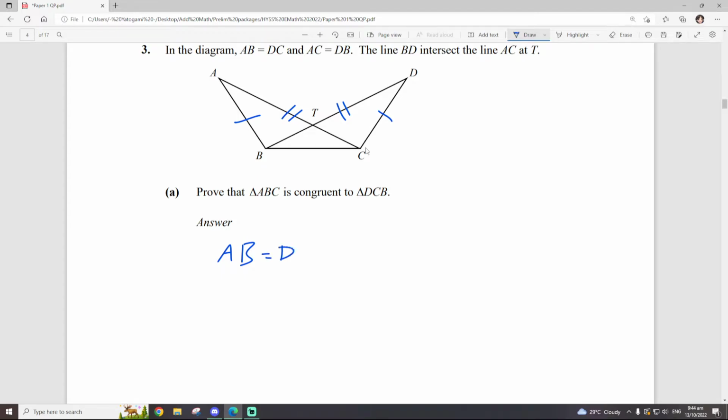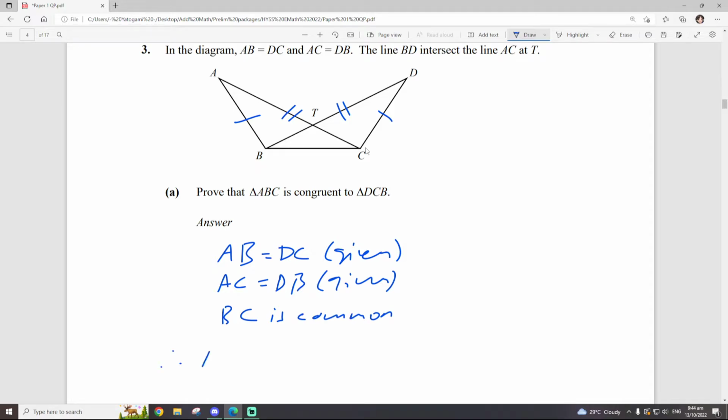So AB equals DC, given. AC equals DB, which is also given, and then finally BC is common. So we have 3 sides, by the side congruence property.